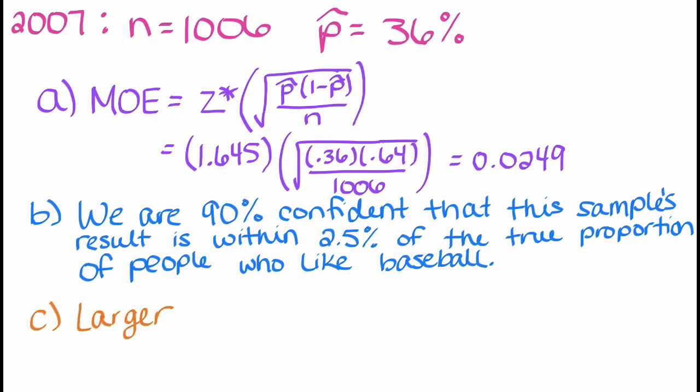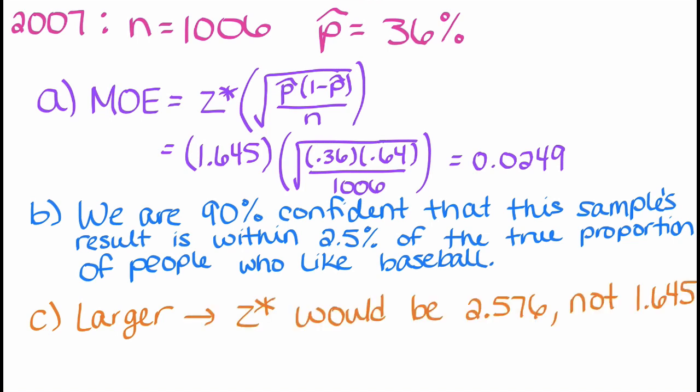Part C was larger. z star would be 2.576, not 1.645, if we bumped up the confidence. If we increase that confidence level, our margin of error is going to get larger because we're going to multiply everything by a bigger number.